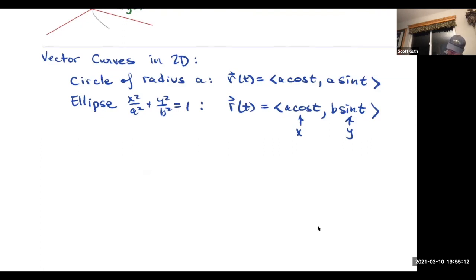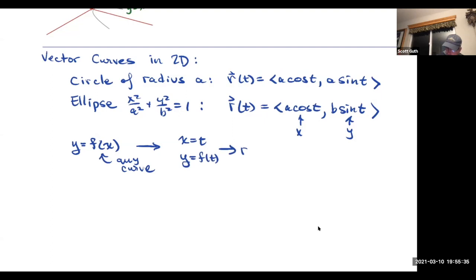If you just have y equals f of x, any curve at all, then you would do x equals t, y would have to be f of t, right? So put them together and you've got r of t equals t comma f of t.